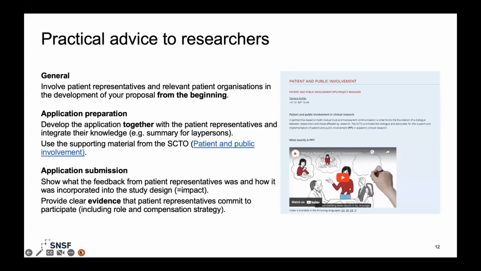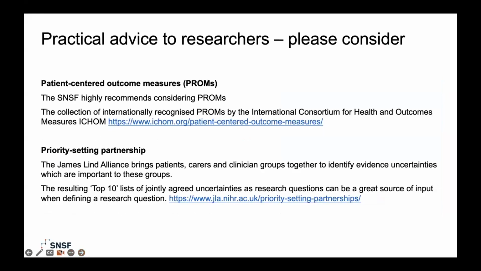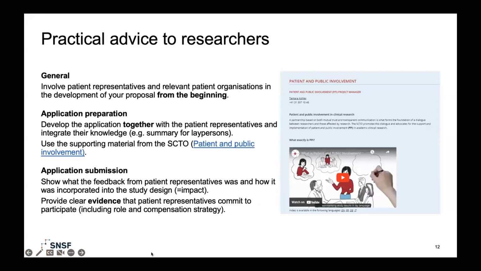There was a pretty close collaboration to develop that, to make sure that whatever material we use to evaluate matches that. So this is really close to what we use during our evaluation. And as Larissa mentioned, you really need to show the impact and provide evidence for the PPI.